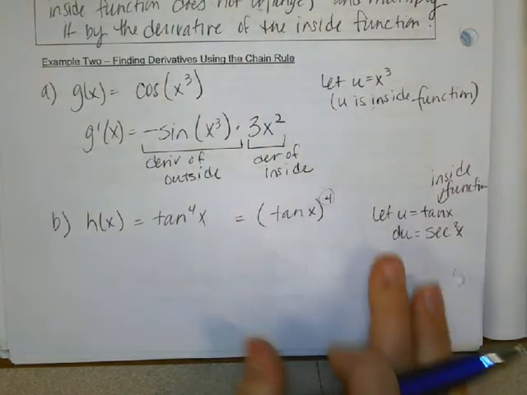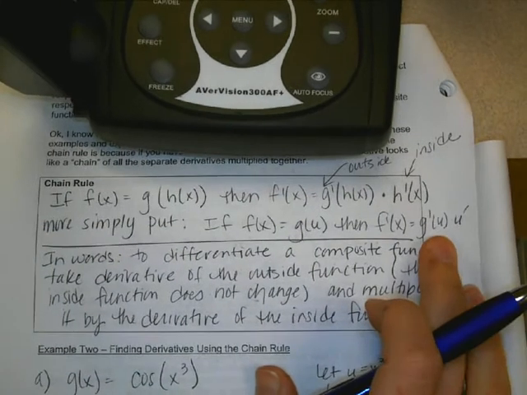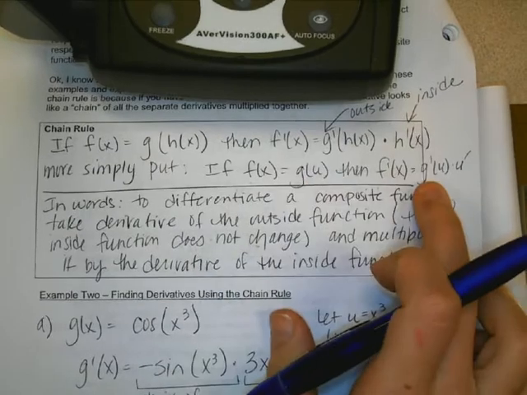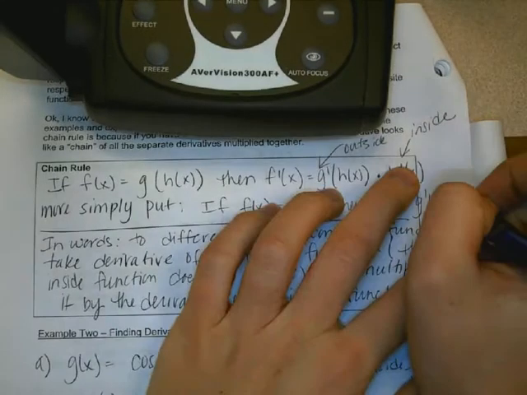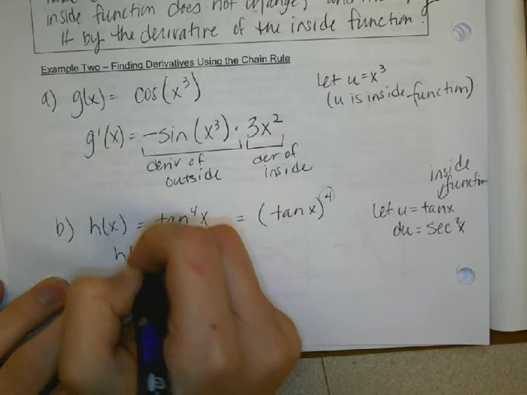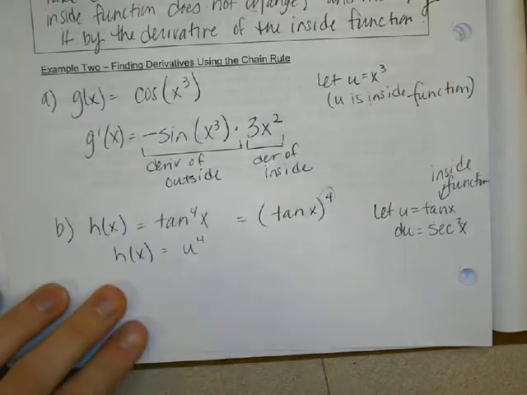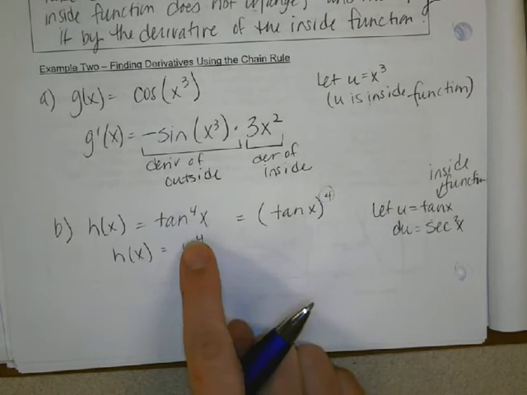Okay, so when you take the derivative, and this is why I kind of wrote it like this, in terms of u, you take the derivative of the outside, so g prime of u times u prime. U prime can also be written as du. This represents the derivative of u. Alright, so we're going to rewrite this so it looks like this. Okay, so we're going to let u equal tan x, and then we're going to use some substitution here and make it u to the fourth.